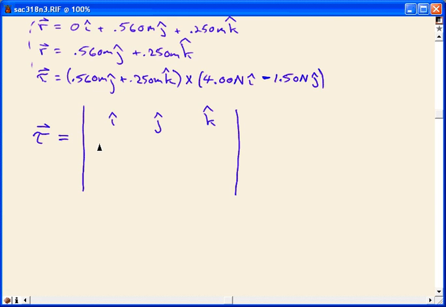So here I write down the first vector first, which is the r vector, just the components on this next line, 0.560 meters and 0.250 meters, of course, with the units. Actually, I've got those two in the wrong spot. It's 0 i, easier to look up at this line, 0 i, and then this j and this k component.